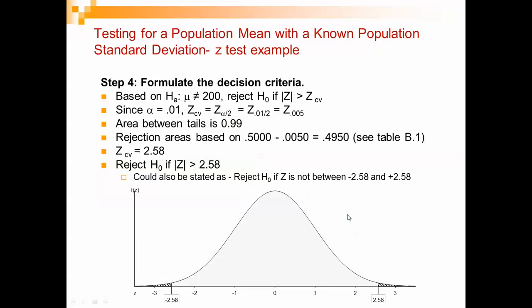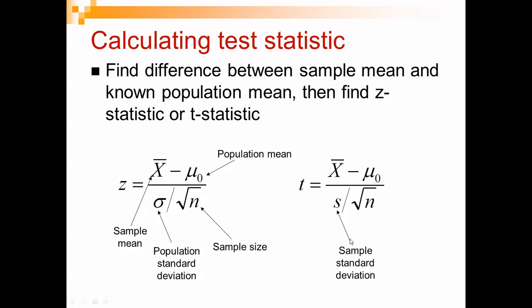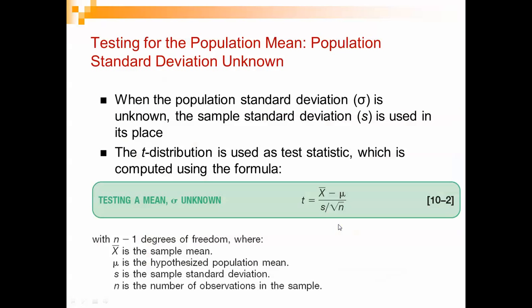And of course, that goes back to this slide right here, and they look identical except for we're using a z and a t, and then we're using the population standard deviation versus the sample standard deviation. And this is somewhat similar to when we're doing the confidence interval.